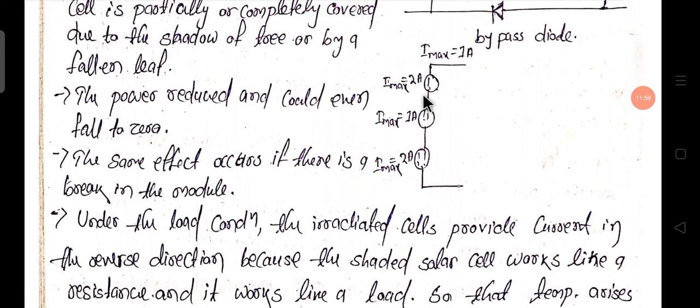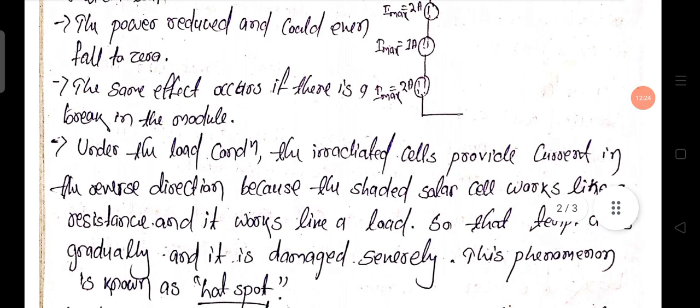So the current produced by the other cells feeds into that load, and due to that feeding the temperature increases gradually. The temperature increase destroys the solar cell. This phenomenon is called a hotspot.